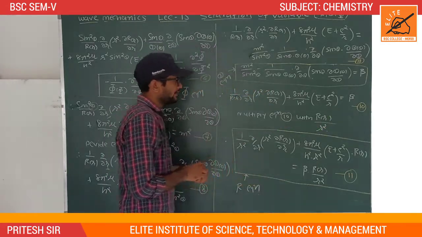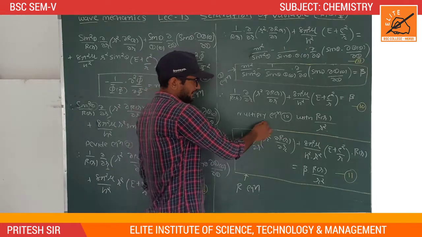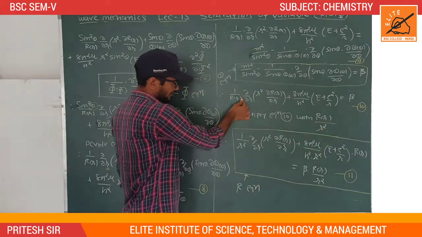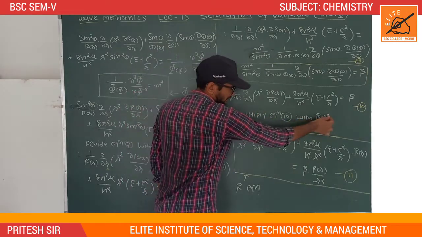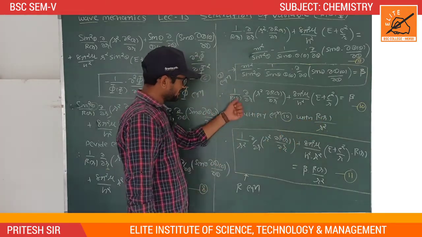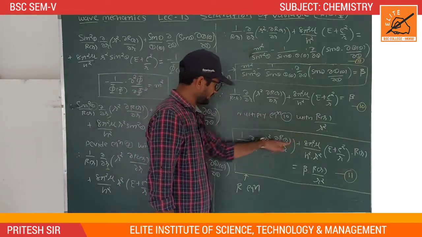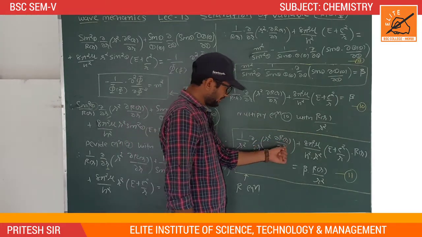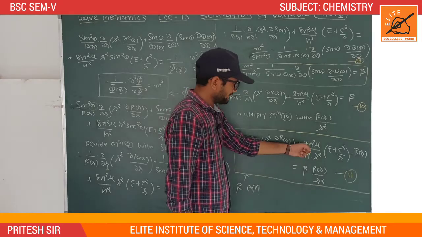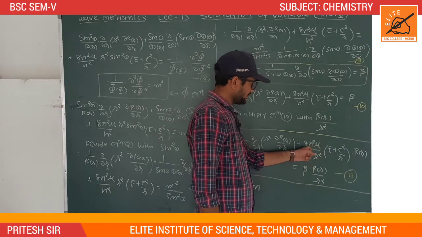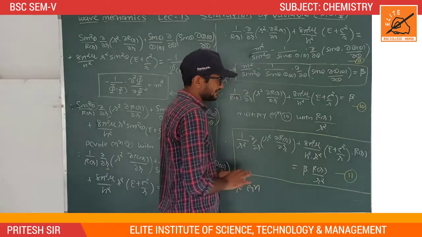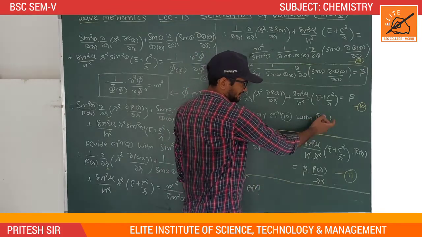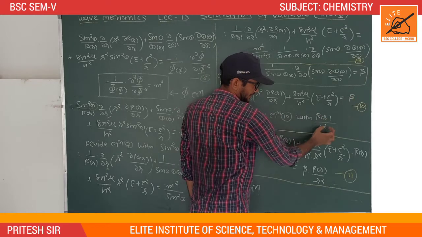Okay, so now multiply equation number 10 with R of r and r square. At that time this R of r cancels out. At that time the remaining term is 1 upon r square del by del r into r square upon del R upon del r plus 8 pi square mu upon h square. It means here in this case no term of R cancels out, so R of r remains here and r square here.